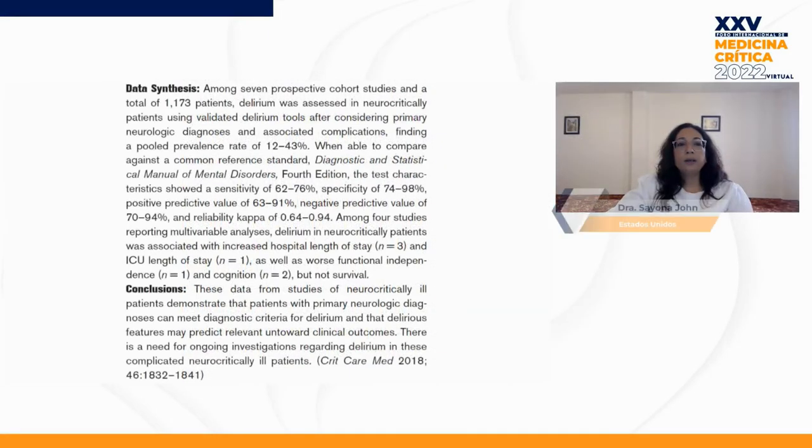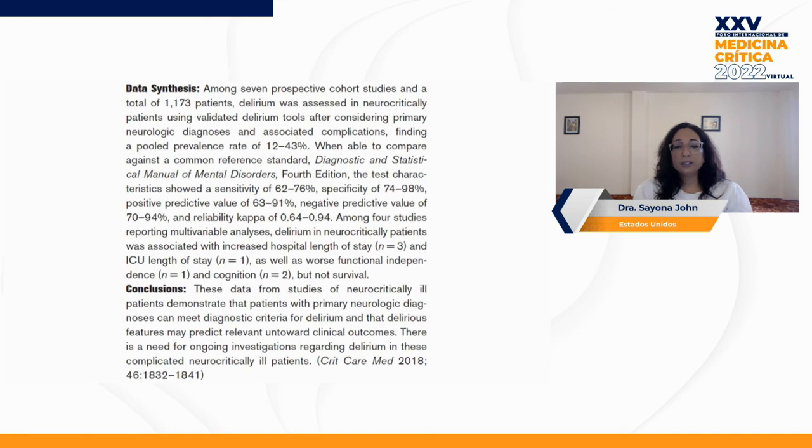So we looked at a total of 1,173 patients in a neurologically critically ill situation, and we looked at the diagnosis of delirium in this patient population. And what we were able to demonstrate is that patients with a primary neurological diagnosis can meet criteria for delirium.